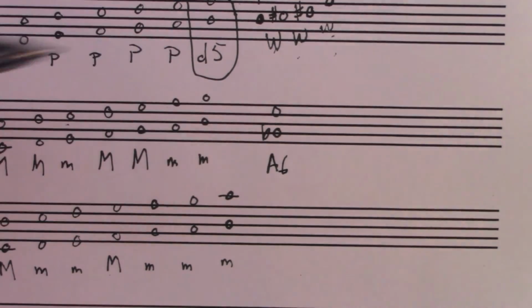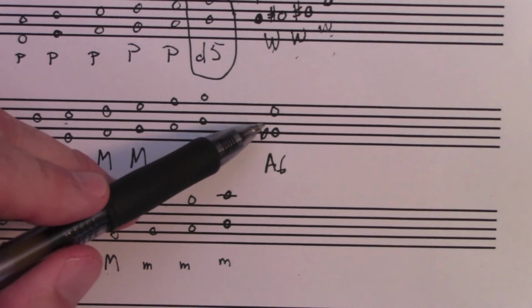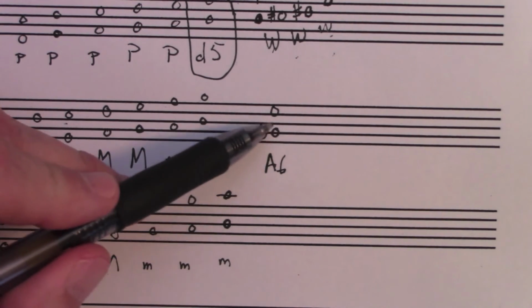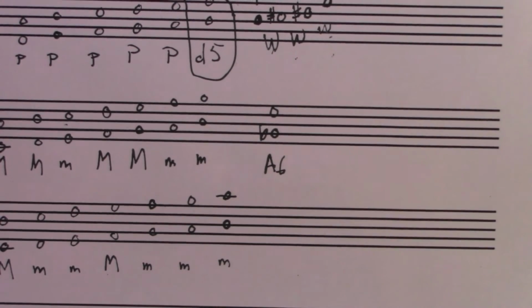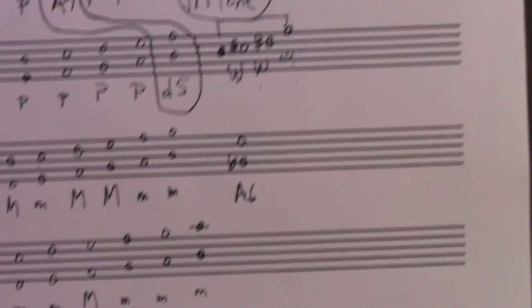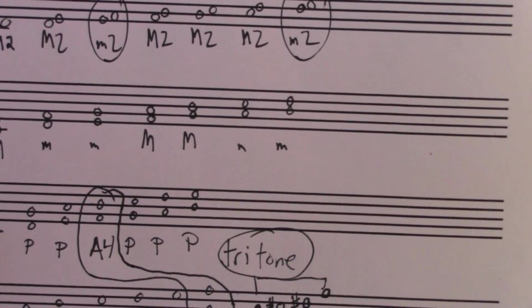Augmented. Okay? That's how you use white note intervals. Now you could have just said G flat to E, let's count the half steps, 1, 2, 3, 4, 5, and do like that. But sometimes this might be the easier, quicker way. Again, it's good to have more than one way to do it.